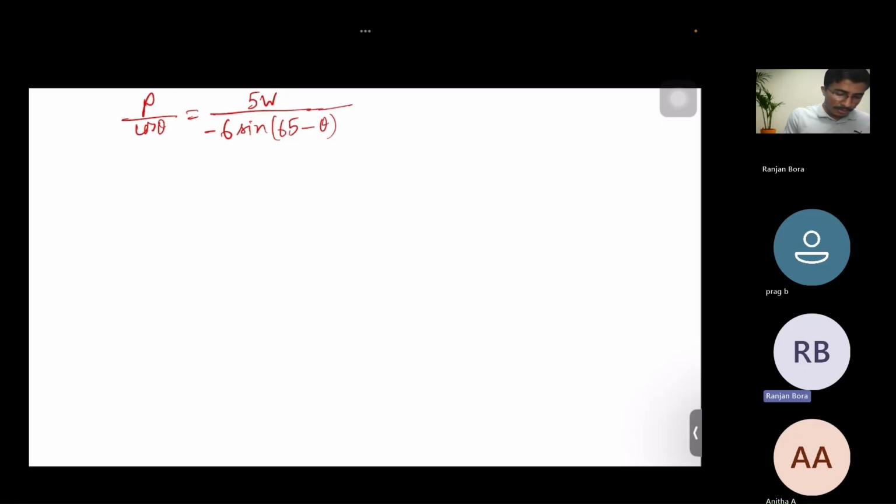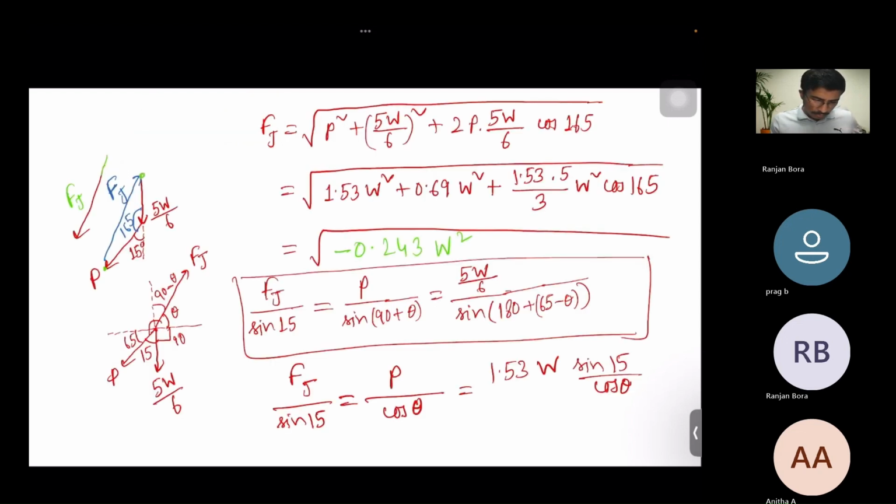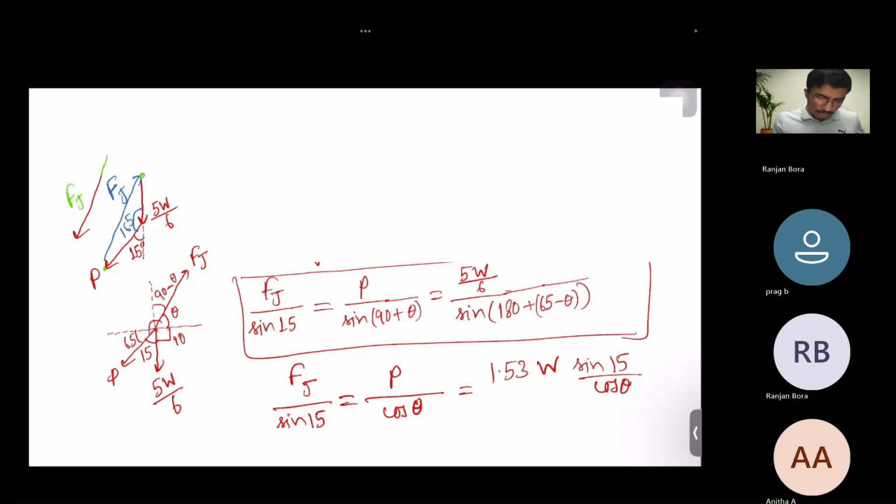Okay, from this equation, we need to solve for, we need to find theta. 1.53 into 5W.